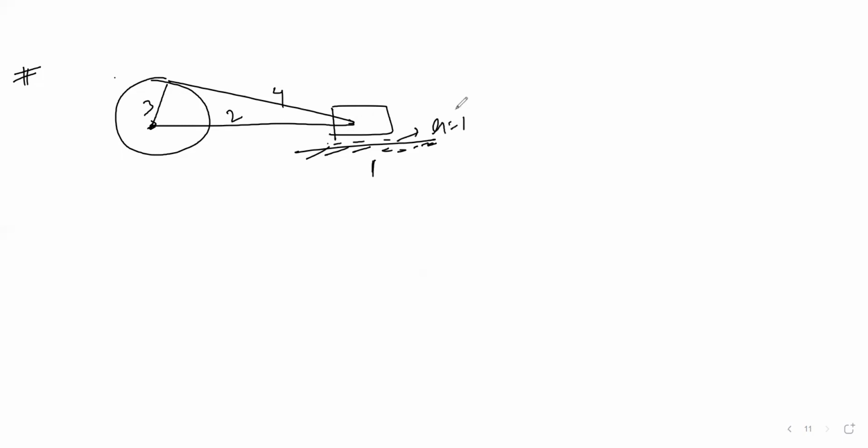So there is a surface contact. It means the higher pair is 1. How to count the number of links? There is one link, and this one is another link, because this should be fixed.